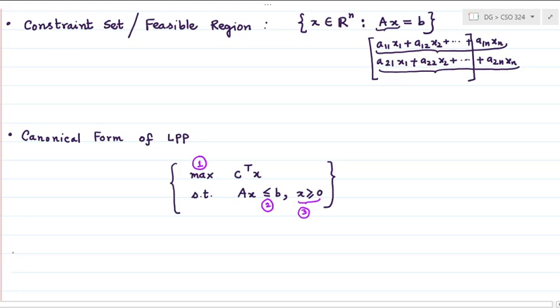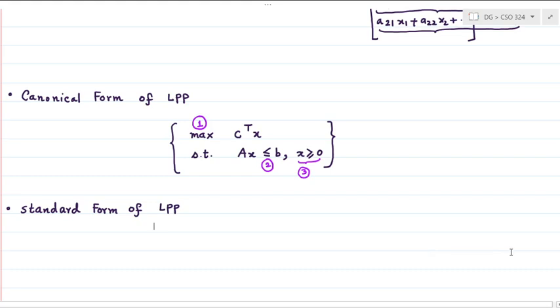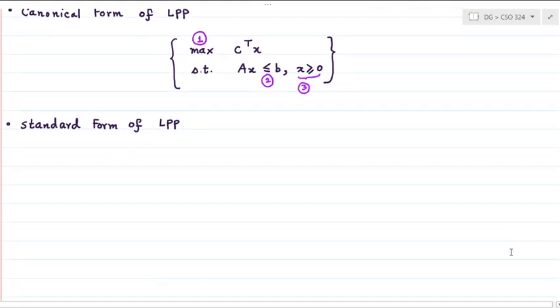The standard form of linear programming problems is of this form: it is a maximization problem, maximize C transpose X subject to Ax equal to B together with X greater than or equal to 0.